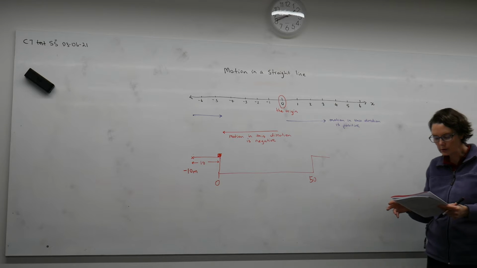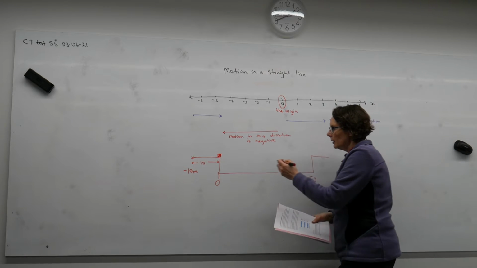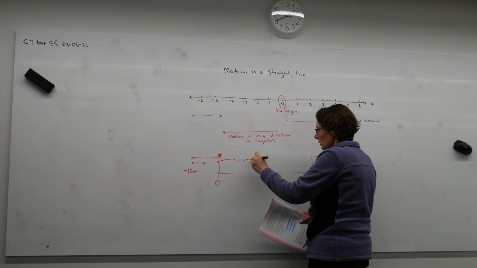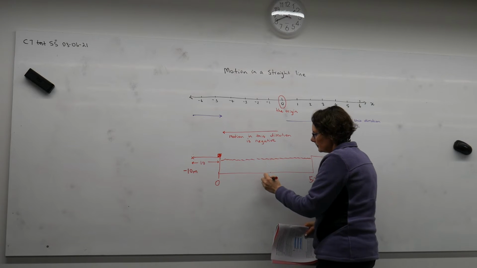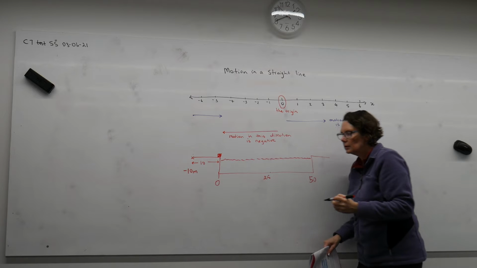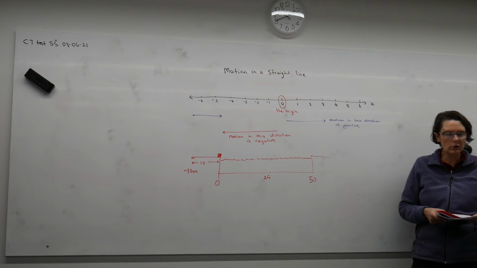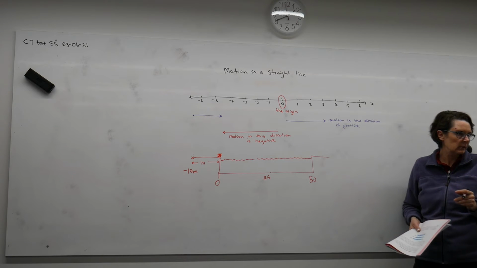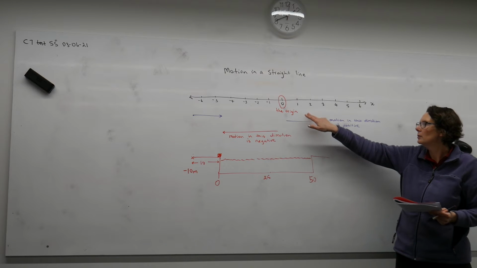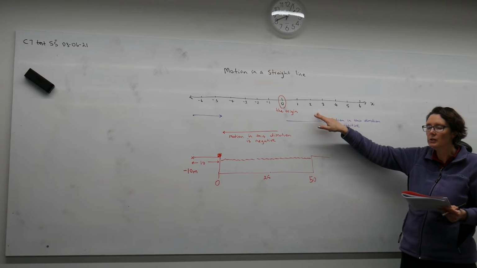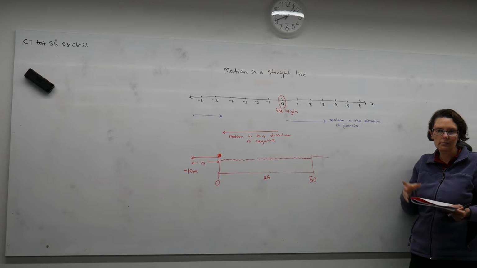Now, when she has swum half of the length of the pool, then her location is at plus 25 metres. Is that okay? Because we're only explaining her position in terms of x.